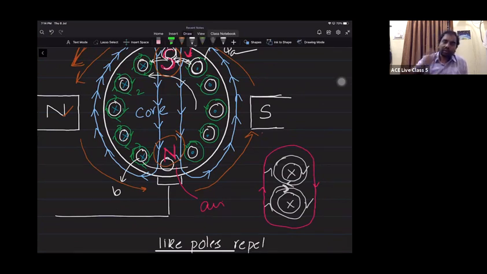But once it starts rotating, the positions of the conductors are changing, and they are undergoing short circuit with the brushes. When they are undergoing short circuit with the brushes, the directions of current in those conductors are again changing. So they make that pole reappear in the same place, right? As the pole is reappearing in the same place, again the same south pole tries to attract this north pole, and this north pole this south pole.